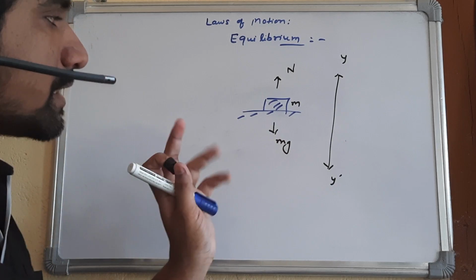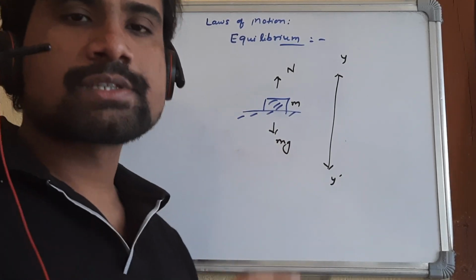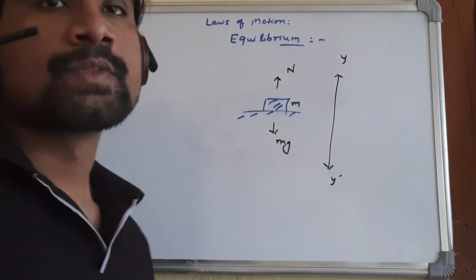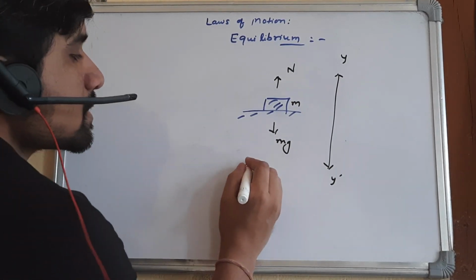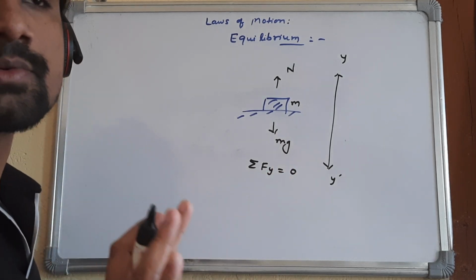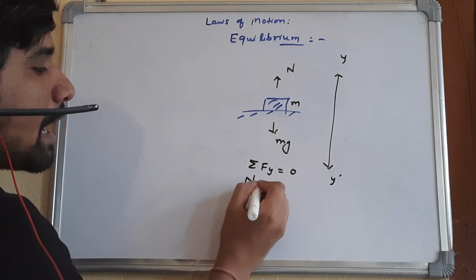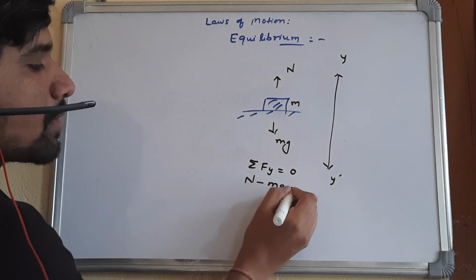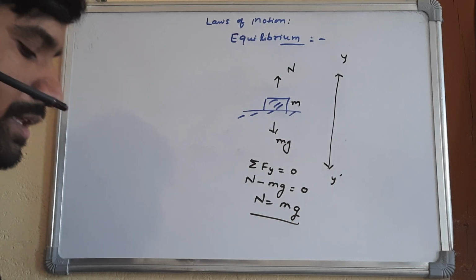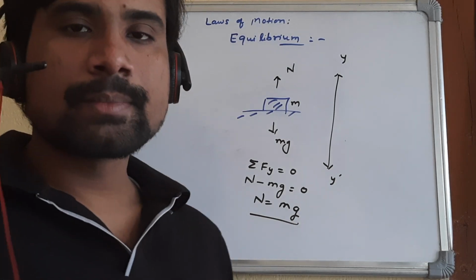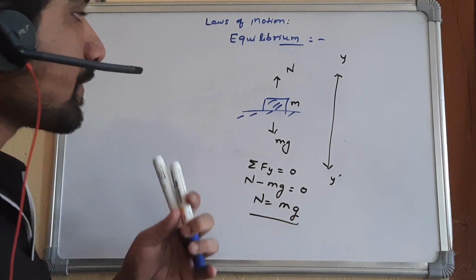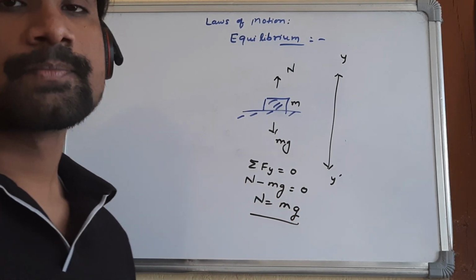The body is still at that position, there is no acceleration, there is no velocity. So the body is in equilibrium, and sigma of force along y will be 0. Net force along y will be 0. So normal minus mg is 0, so normal is equal to mg. So this body is in equilibrium in the y direction. We can't say about x as of now, but we can say about y, right?